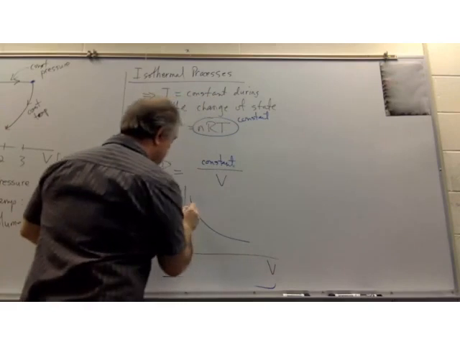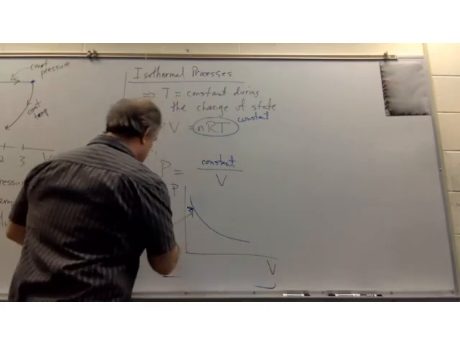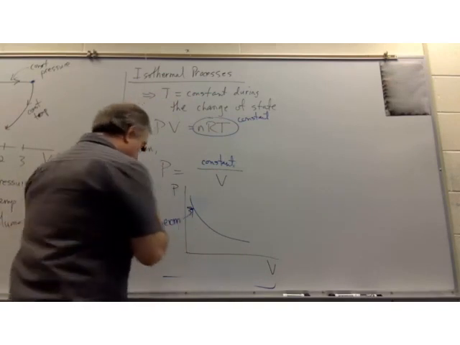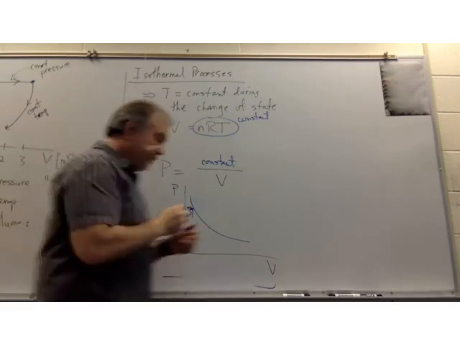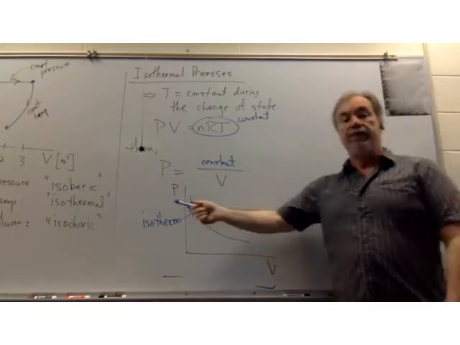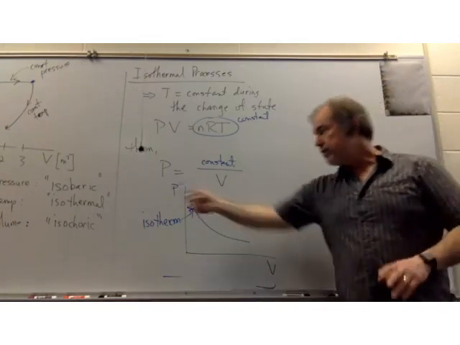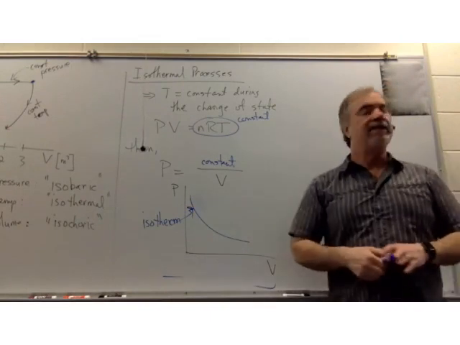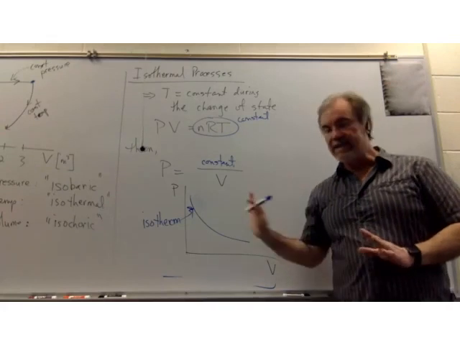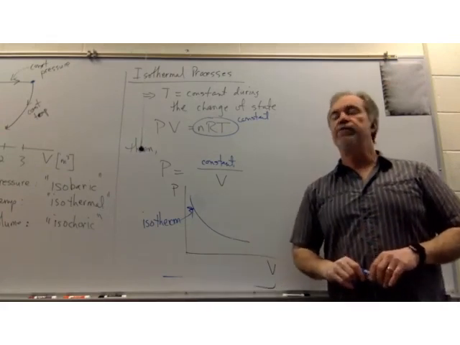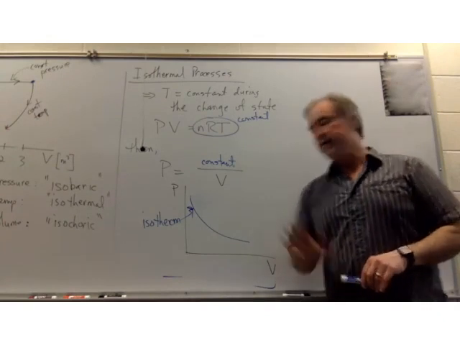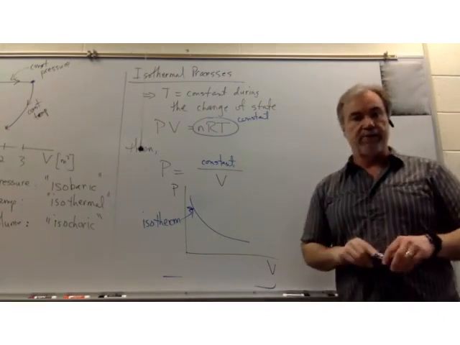This curve here is given the name an isotherm. This is another vocabulary term, and that's shorthand for the curve on a PV, on a pressure volume diagram. Oh man, I got to tell you, you may have already picked up on this. This entire topic is so flooded with terminology and shorthand, it just drives you nuts. And I'll sort of expose you to a little bit of it here.